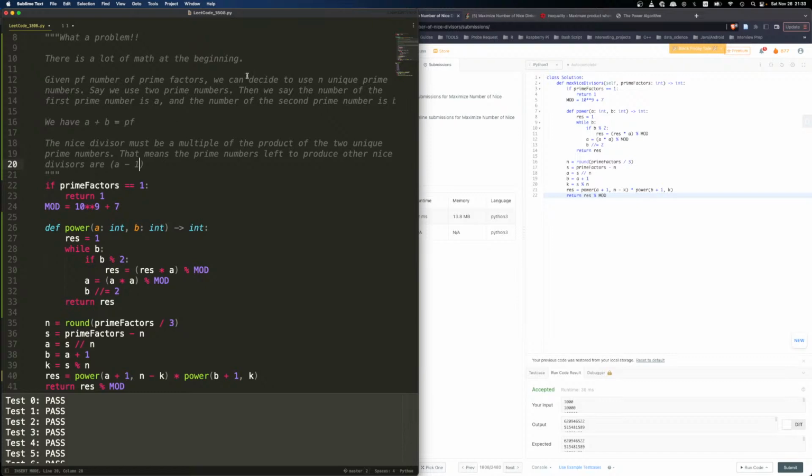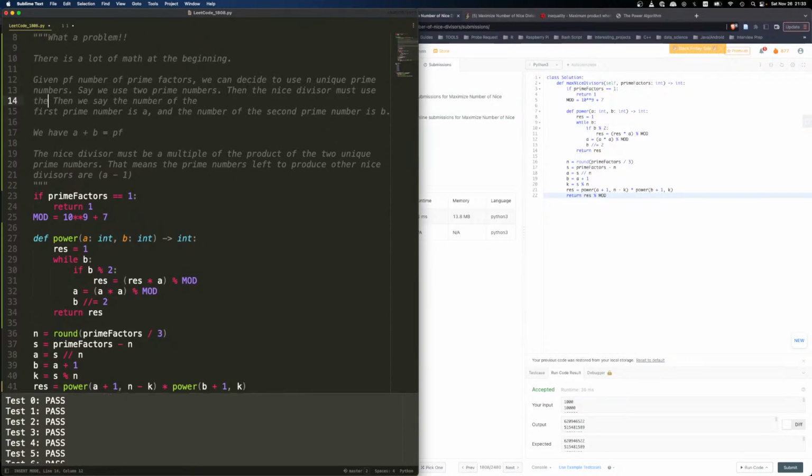To use n unique prime numbers, right? Say we use 2 prime numbers. Then the nice divisor must use the 2 unique prime numbers at least once.